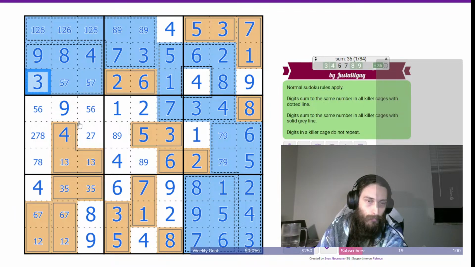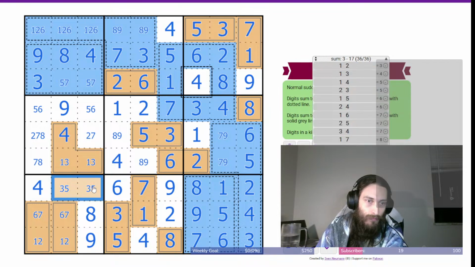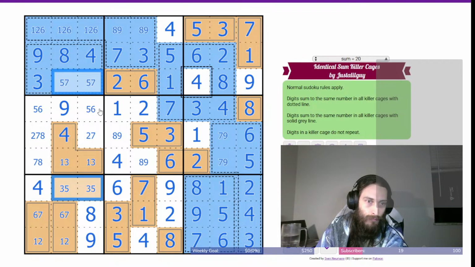Threes out there. The 5 X-Wing for boxes 1 and 7. 6, 5. 1, 2.